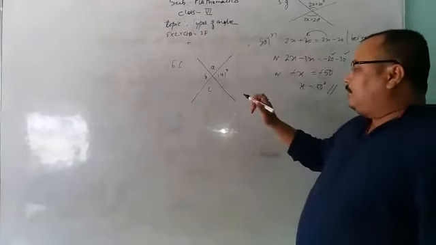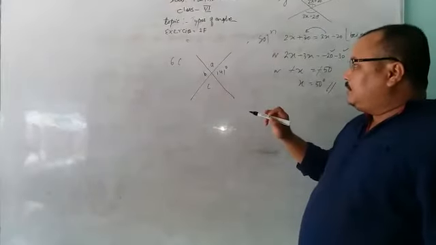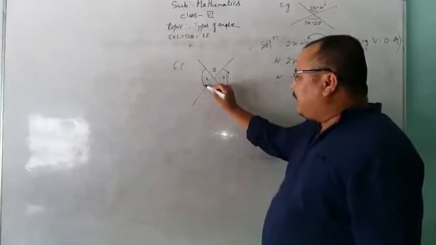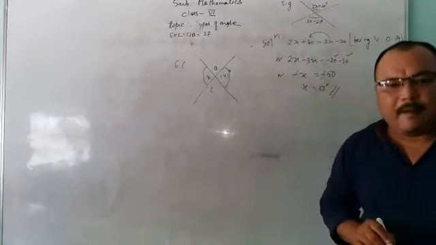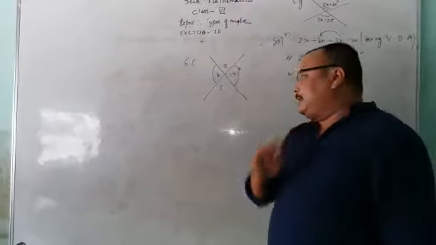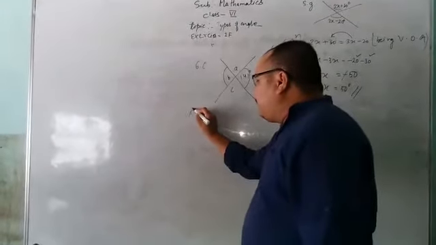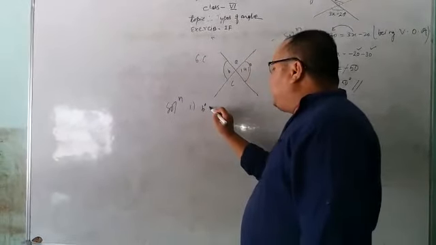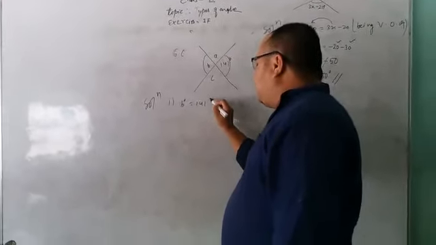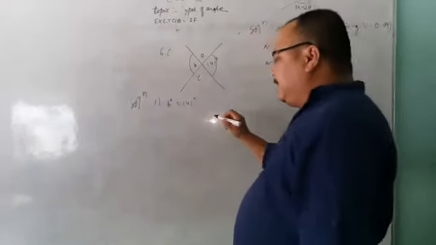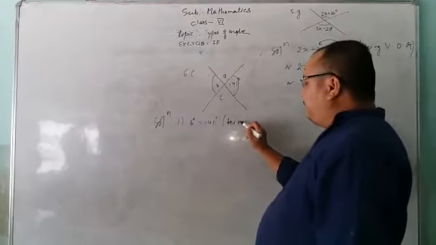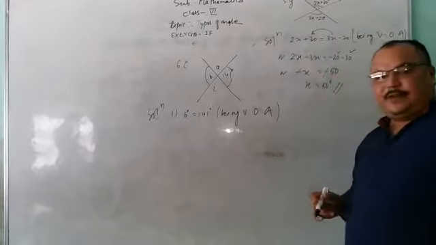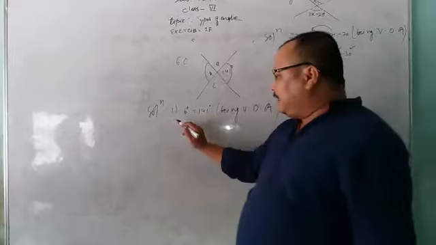My dear students, see here: what is the opposite angle of this numerical value? B. So it is a vertically opposite angle. Now write down number 1: B degrees is equal to 141 degrees. Reason: being vertically opposite angles. Finished. And leave one line here.